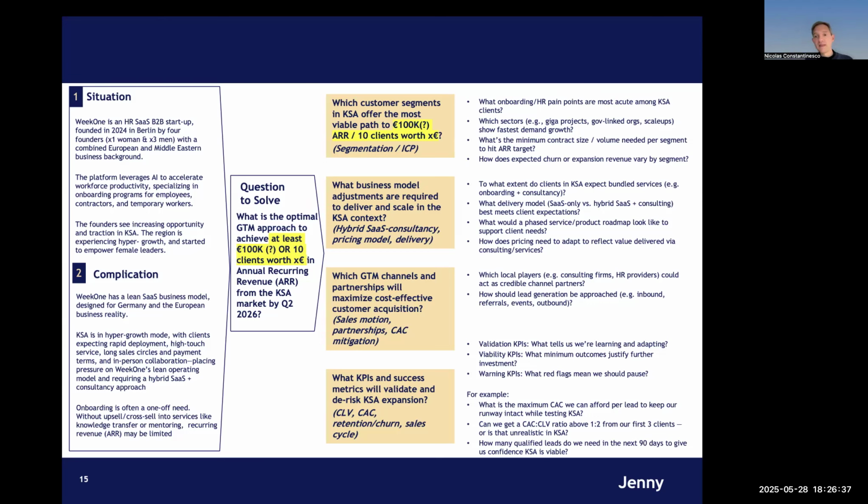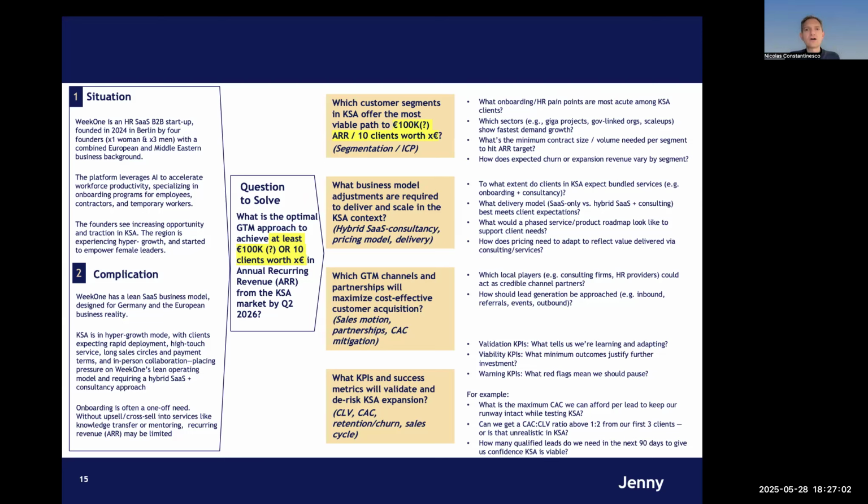And in fact, I would even argue the situation and complication don't give me any insight about the significance of 100K or Q2 2026. What is 100K? Is it the minimum amount to believe that we can do business here in the long term? Is it actually minimum viable scale?